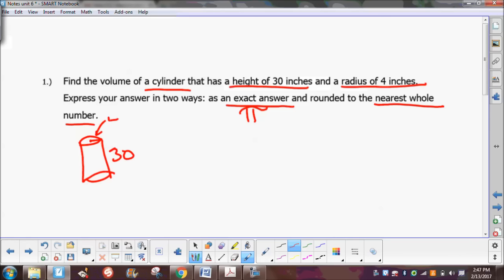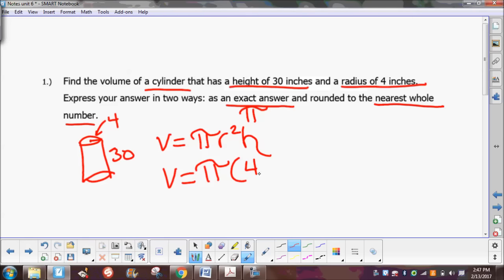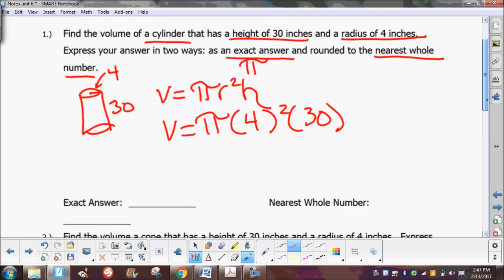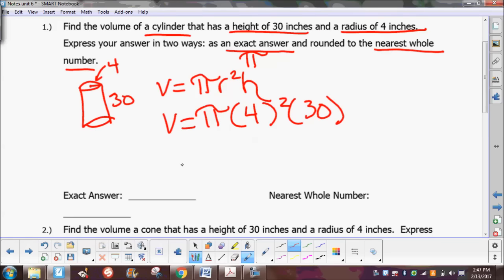So my volume formula is pi r squared h for a cylinder. So pi r squared times 30. For our exact answer, when I go to my calculator, I'm not going to use the pi key.